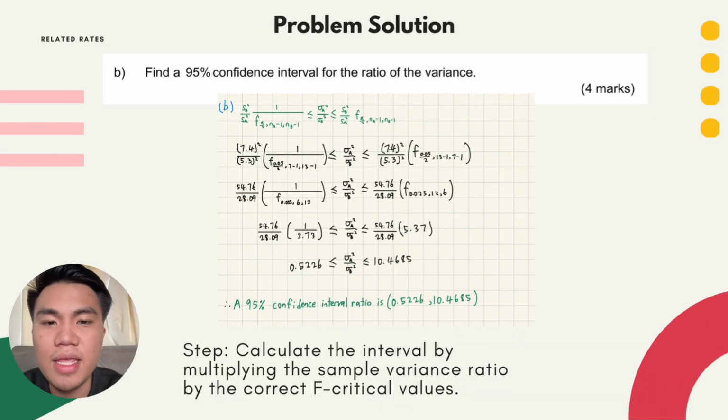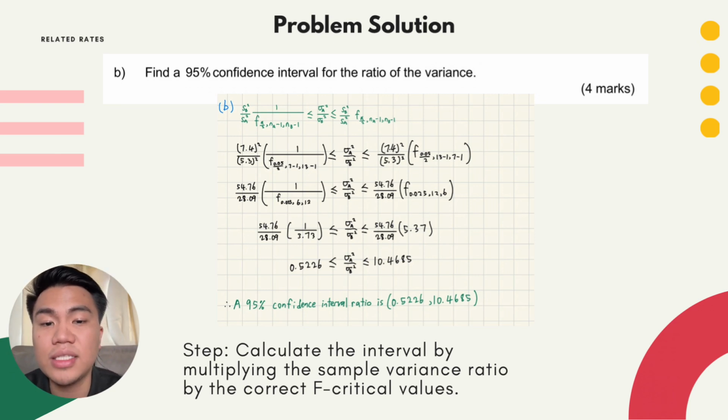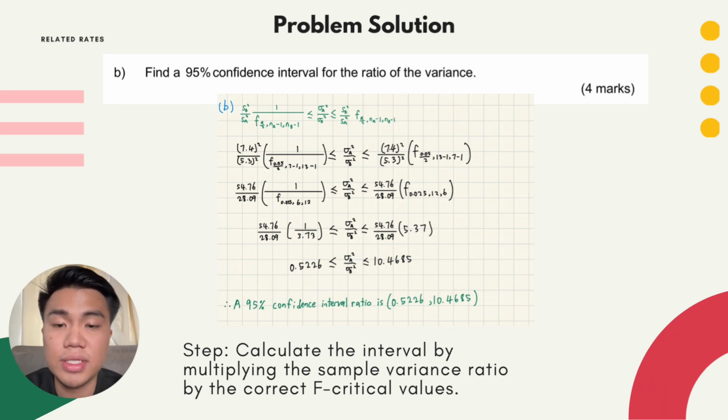For part B, I applied this formula. I substituted my sample variances SA square equal 54.76 and SB square equal 28.09. For a 95% confidence level, alpha over 2 is 0.025. I use the F critical values F0.025 6,12, which is 3.73, and F0.025 12,6, which is 5.37.